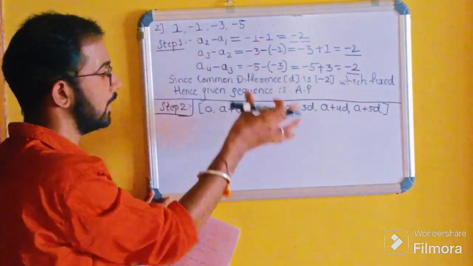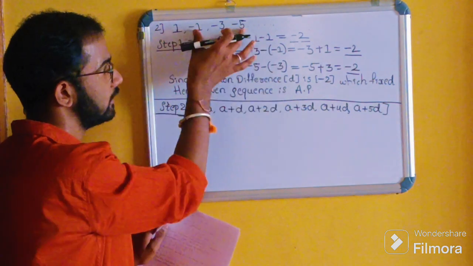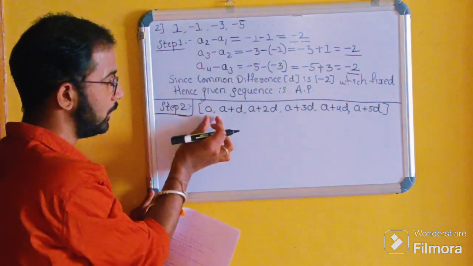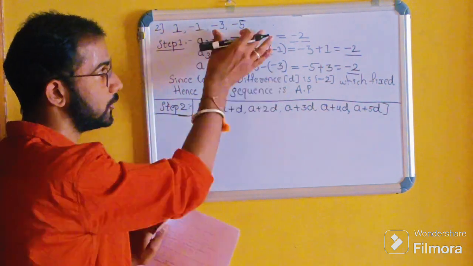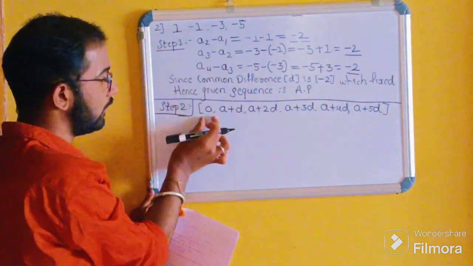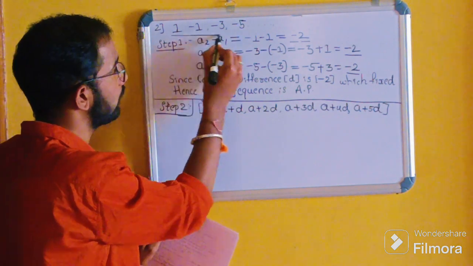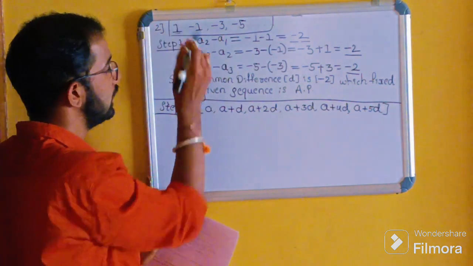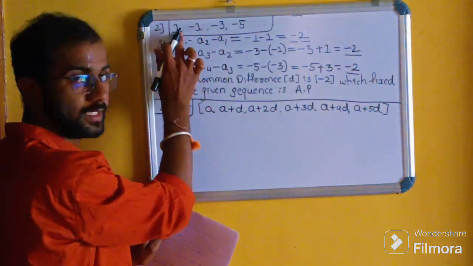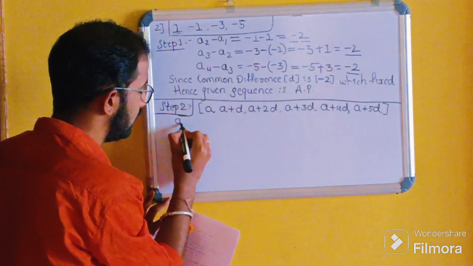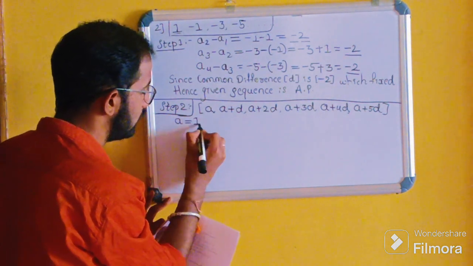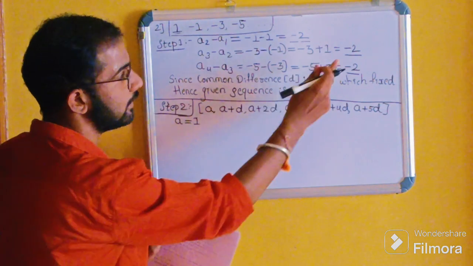And what is the value of d? It is -2. We found that d is -2. So after comparing these two, we found the value of a and the value of d.